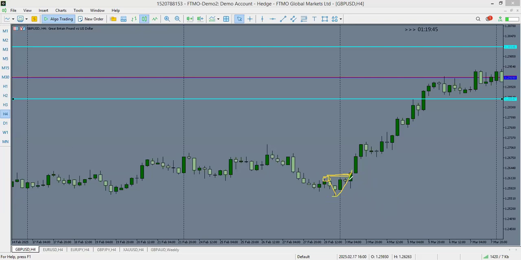Now price has gone all the way up. When it's pushing up, where do you think it's likely to go? If you look to your left, remember, it's always seeking liquidity, always seeking to break a high.